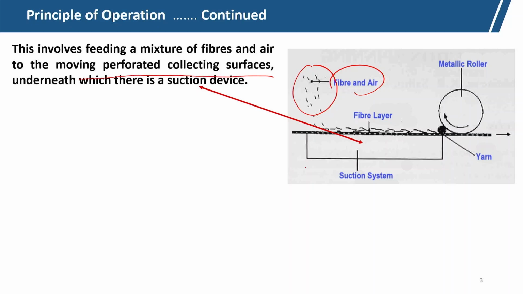This is the collecting surface, and below this perforated collecting surface there is a suction system. As we have discussed, we need perforation on the collecting surface to make sure that fibers are sticking on this, are placed and moving along with this surface.